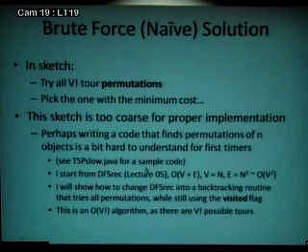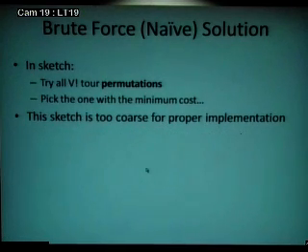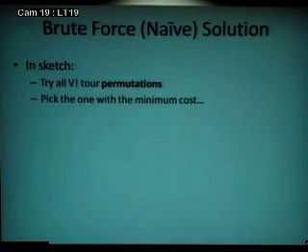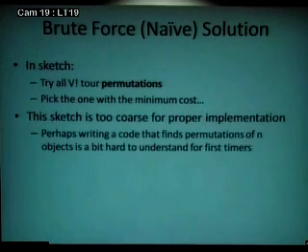So in exams, since I allow you to use pseudocode, if you run out of time, don't leave it blank. Write something like this. You will get marks, but not the full mark. But once you have time, you have to explain and elaborate what your intention is.